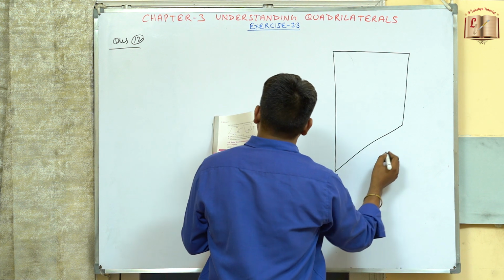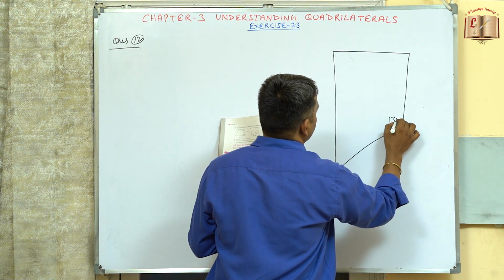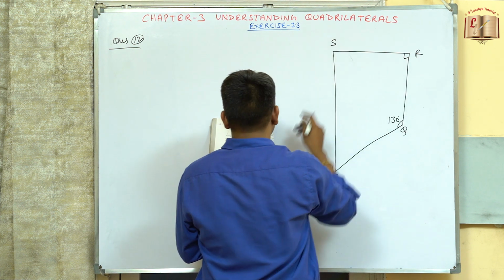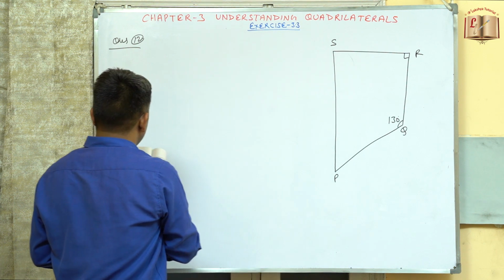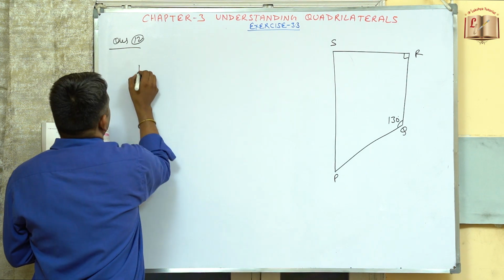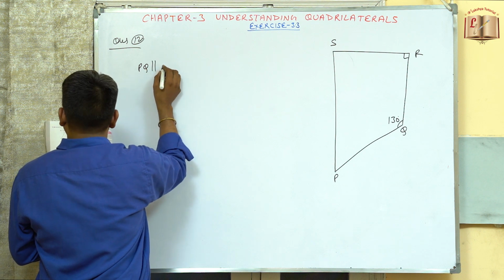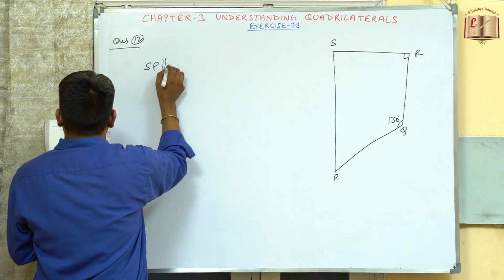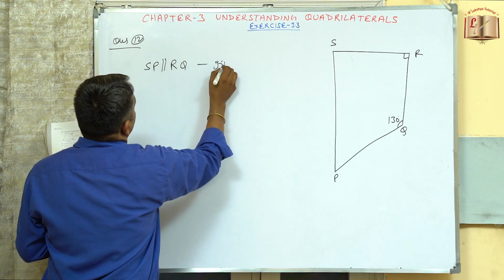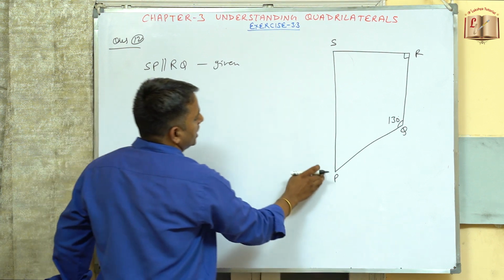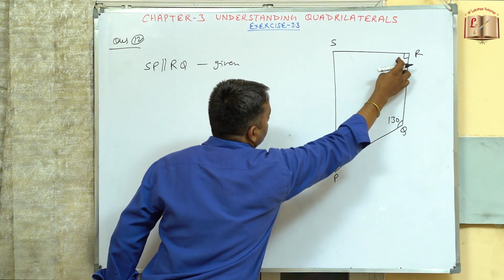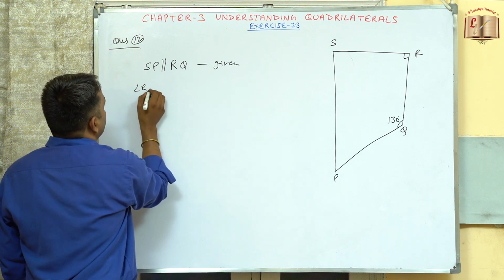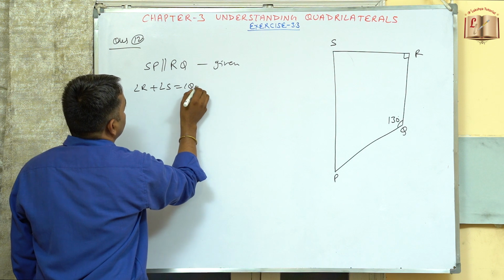So this is P, Q, this angle is given as 130 and this is R, 90 degrees, and this is S. And it is given that SP is parallel to RQ. So this is given to us. Means this line SP is parallel to this line. So angle R plus angle S will be equal to 180 degrees.